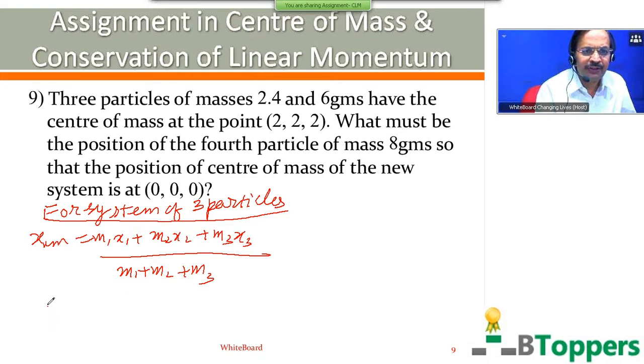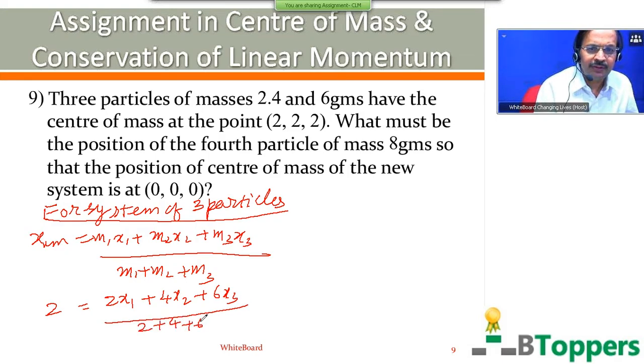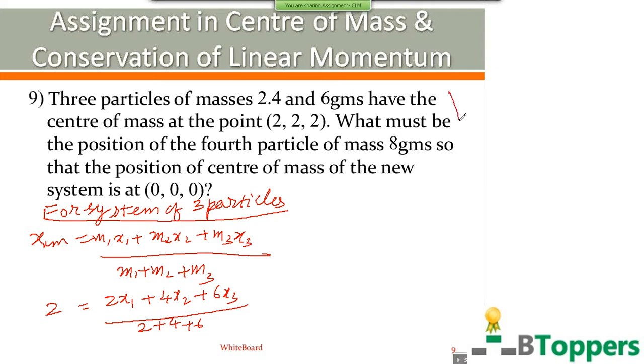The X coordinate of the center of mass in the first case is 2. M1 is 2 grams here, M2 is 4 grams, M3 is 6 grams. So M1 plus M2 plus M3 will be 2 plus 4 plus 6 grams. Units of mass get cancelled. So you get 2x1 plus 4x2 plus 6x3 equal to 24.